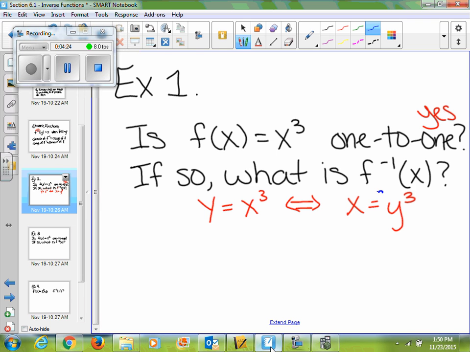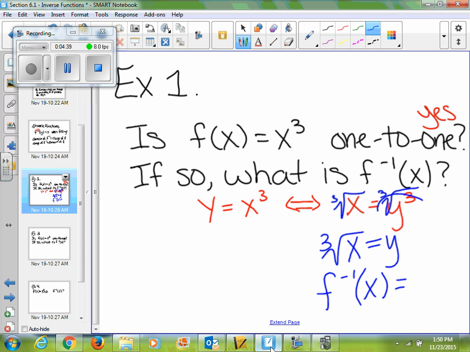Cube root. So I would end up with y equals the cube root of x. So that tells me f inverse of x is equal to the cube root of x. You just replace y with f inverse.